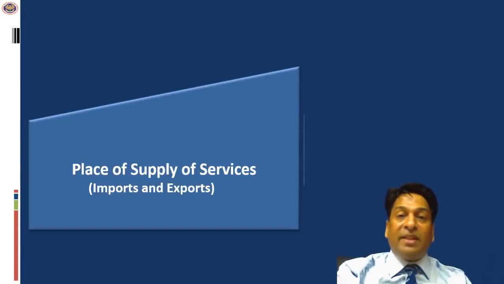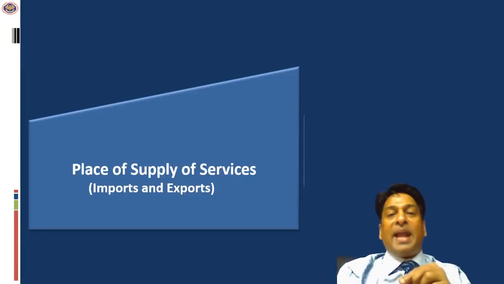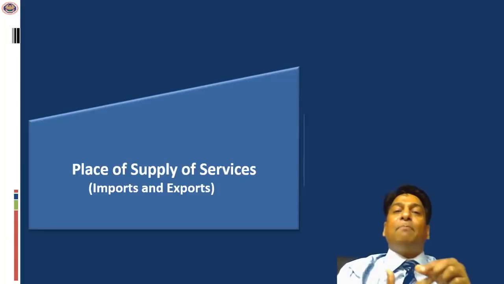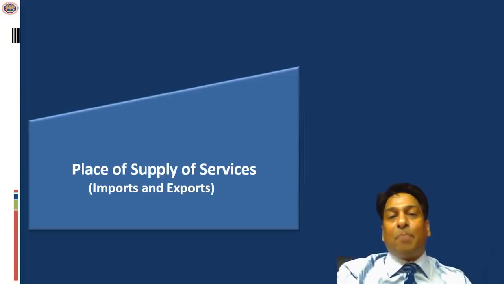So we are through with the place of supply for services within India under Section 12 of the IGST Act, which may at most be intrastate or interstate depending on the same thumb rule: location of supplier and place of supply within the same state, intrastate; location of supplier and place of supply in different states, interstate supply.